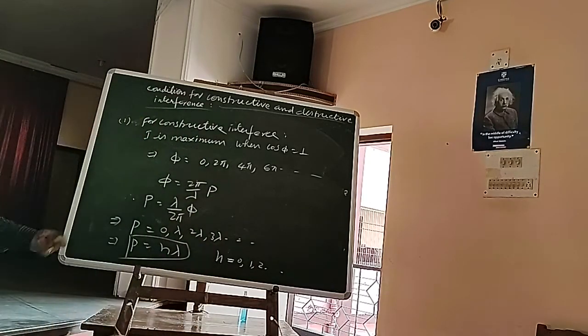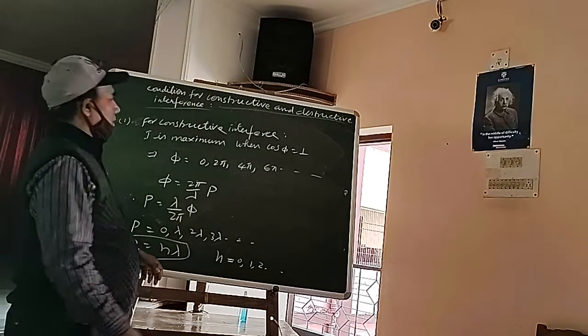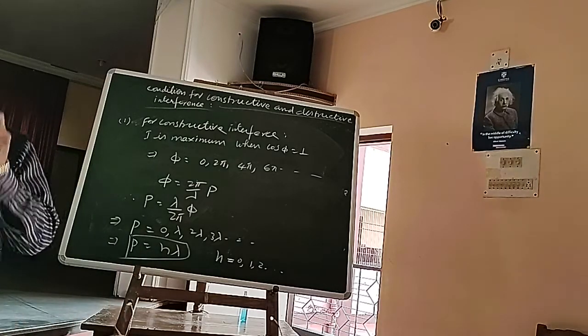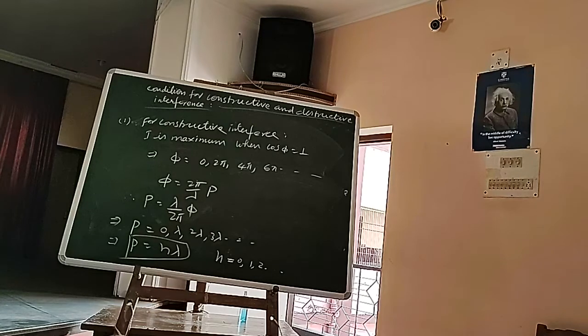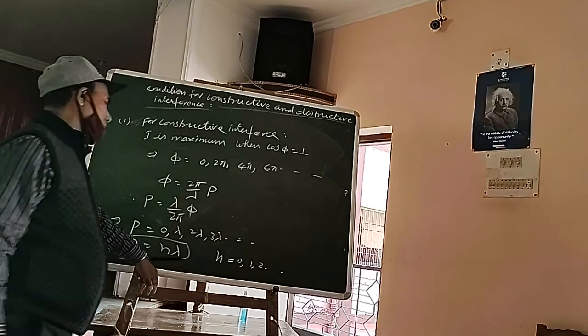It means if path difference is an integral multiple of wavelength, then we find constructive interference.